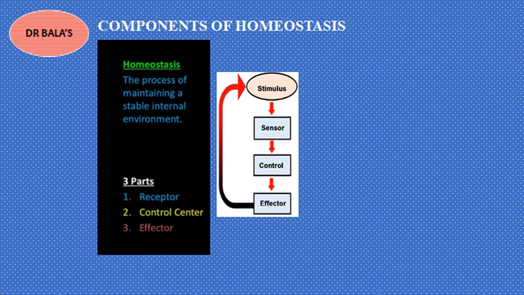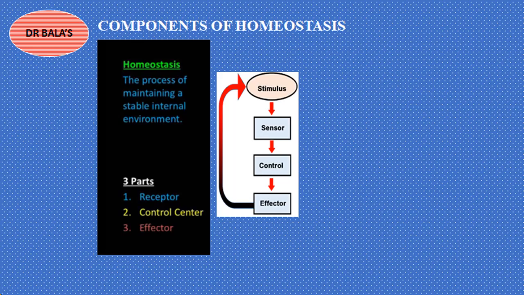If the temperature outside is high, who feels it, how is this information sent and to where, and what happens at the place where the information is received, and what does this receiving center do?